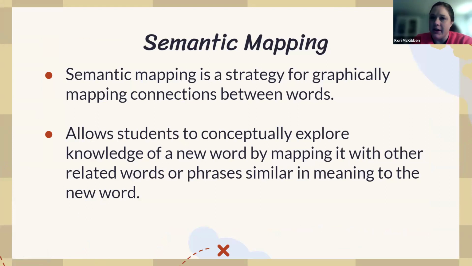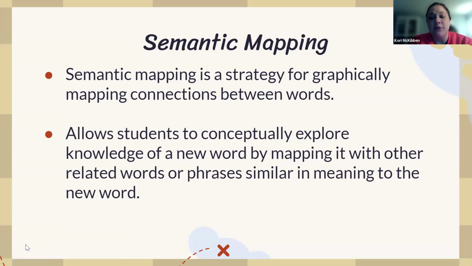Today I'm going to be talking to you about semantic mapping, because we know one way that our brain typically holds information and can really learn and retain it is through categorizing. Semantic mapping is a strategy for graphically mapping connections between words.